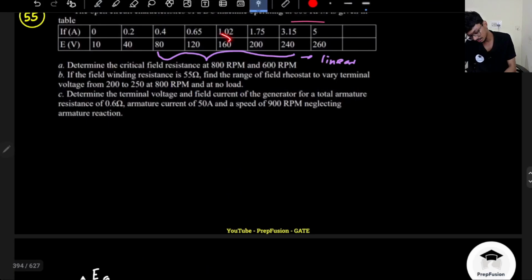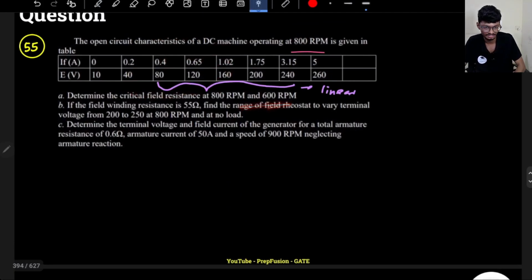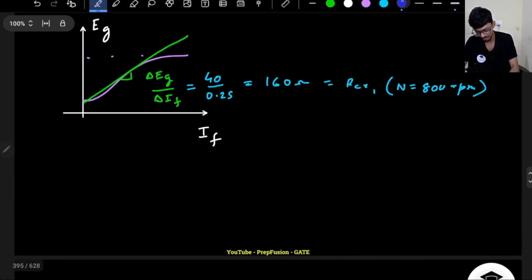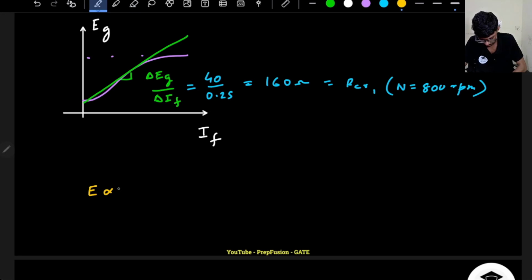Now what will happen if the speed is reduced to 600 rpm? We know that our induced EMF, or generated EMF, is directly proportional to the speed.